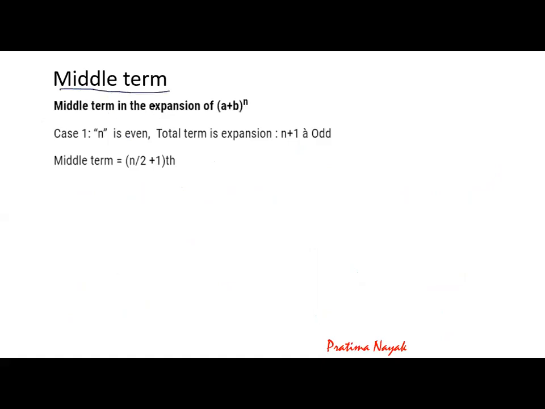Middle term in the expansion of A plus B. First we should know that A plus B to the power n has how many terms? In this expansion it has n plus 1 number of terms. For example, I am writing here A plus B whole square.